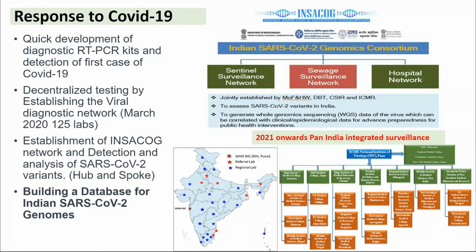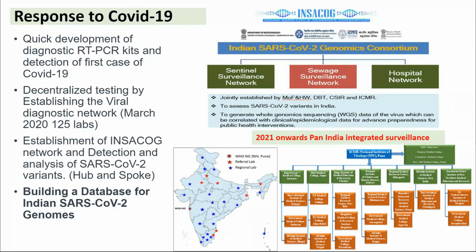There were 10 hub laboratories, and these hub laboratories are attached to multiple laboratories as spokes. For ICMR, we are an apex laboratory, and with us there were 45 laboratories attached as spoke laboratories, and they all followed the exact same protocol or SOP.